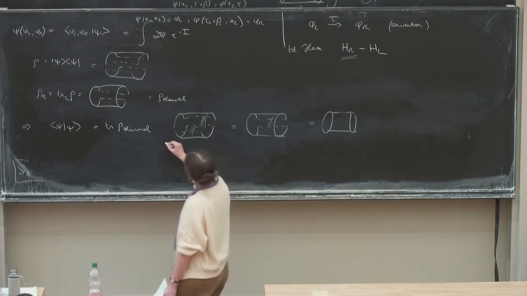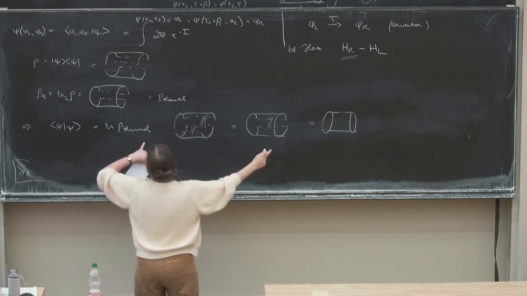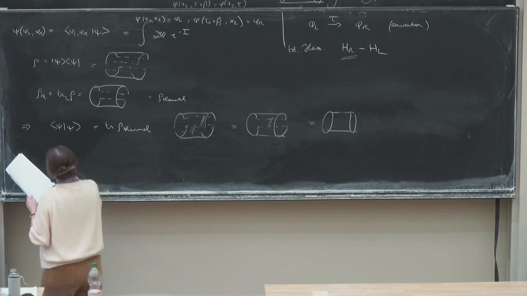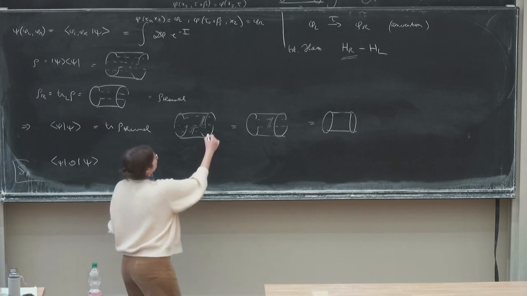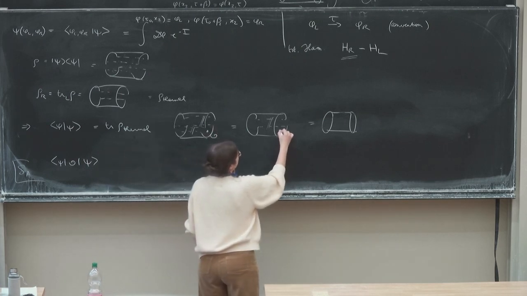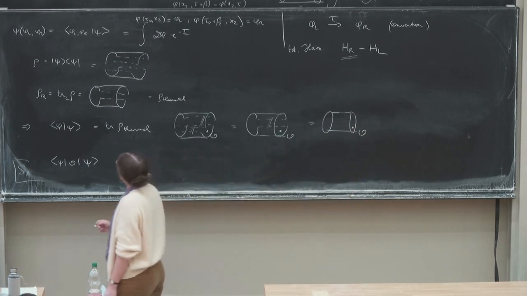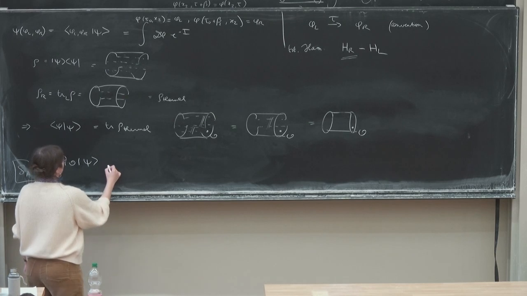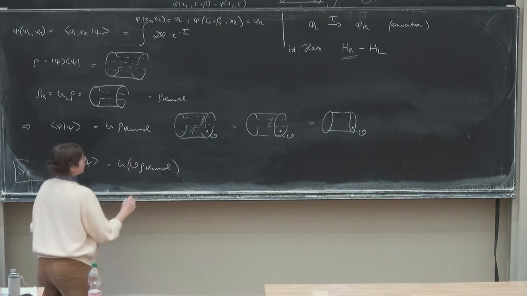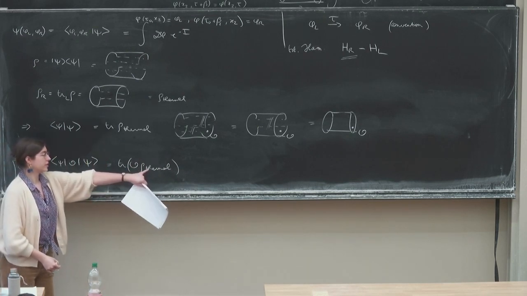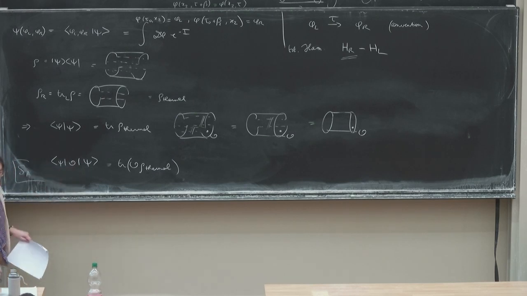So here on the right is just a pictorial notation of the norm of psi equaling the trace of the thermal density matrix. And if I now add an operator insertion somewhere in here, I've understood the following statement as well: the trace of O times the thermal density matrix is equal to the expectation value of O in the thermal field double state.